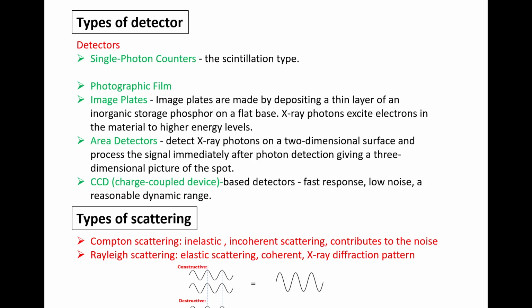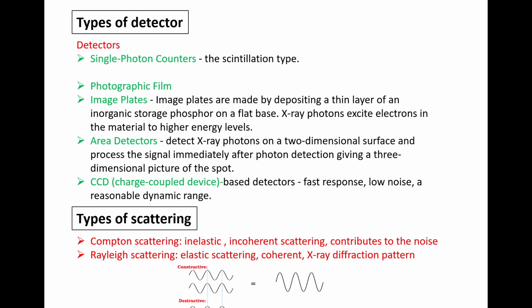If you use inelastic scattering to diffract your crystal, you will not find any X-ray diffraction. They are incoherent scattering, so they will be like noise.